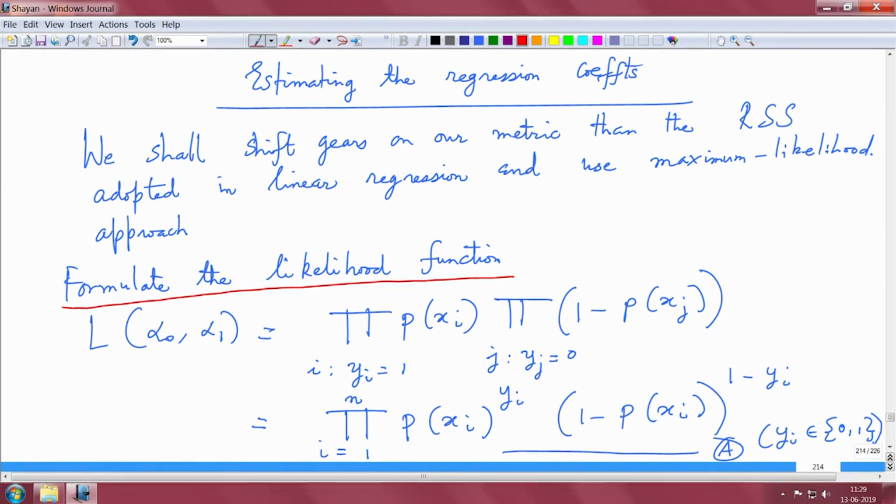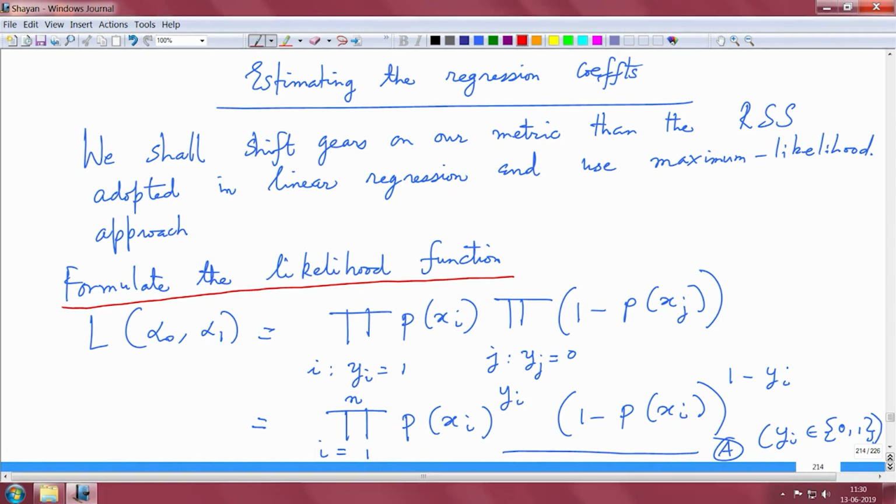So, this can be compactly written in this form, right. yi can take 0 or 1, and the probability corresponding to that observation i is given by p of xi, and yi is indicating here whether it is 0 or 1.